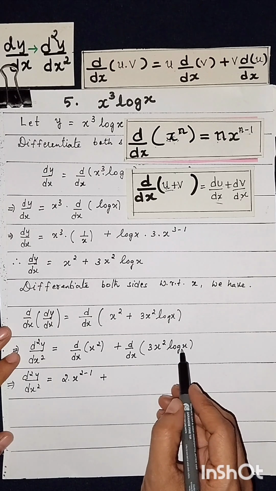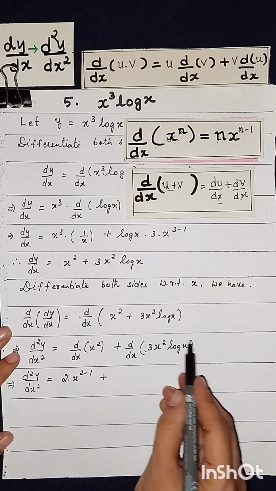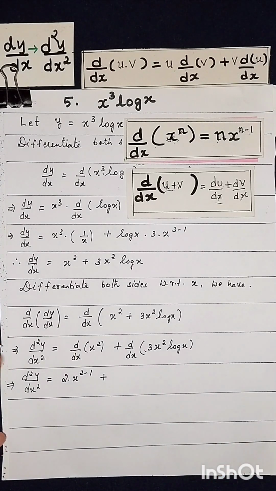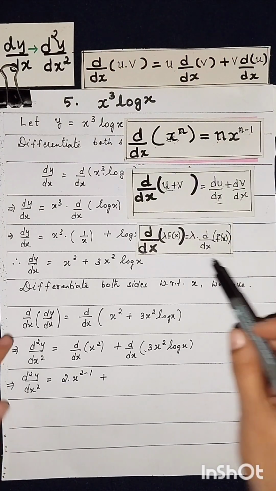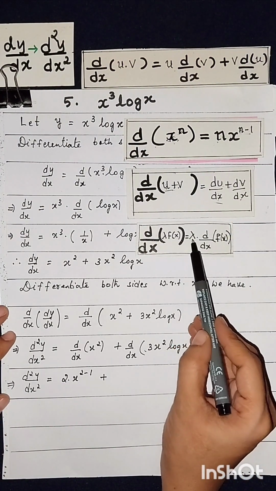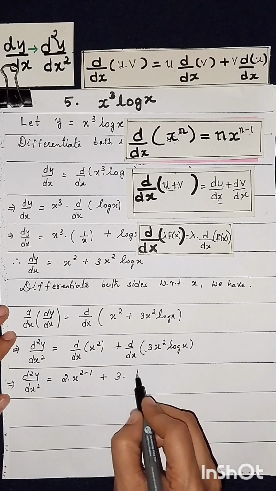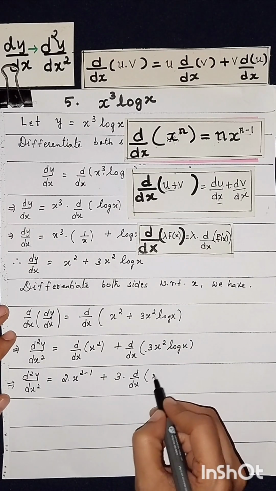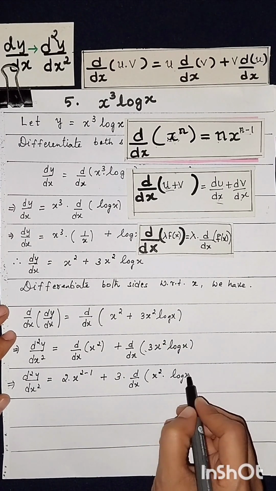So when you have constant into function, like derivative of constant into function, how do we write it? Constant into function. So we will take out the constant outside and we will differentiate the inside function, right?